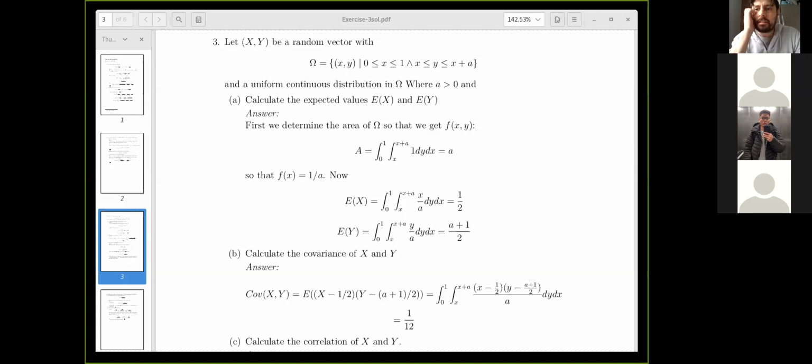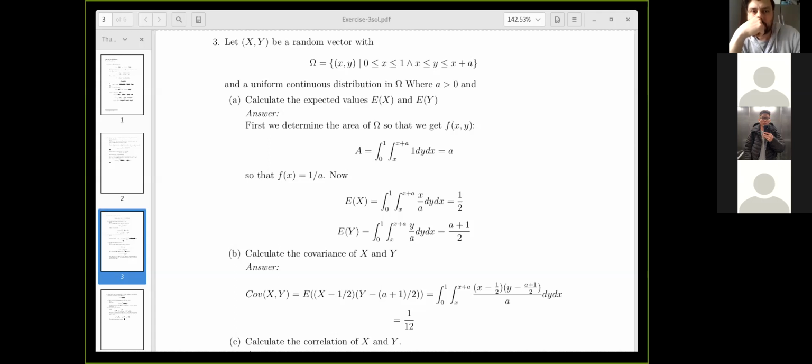You can calculate the density function of... there was a question: what if I just calculate the density function for the random variable x as f of x? The marginal density function of x is probably just 1.